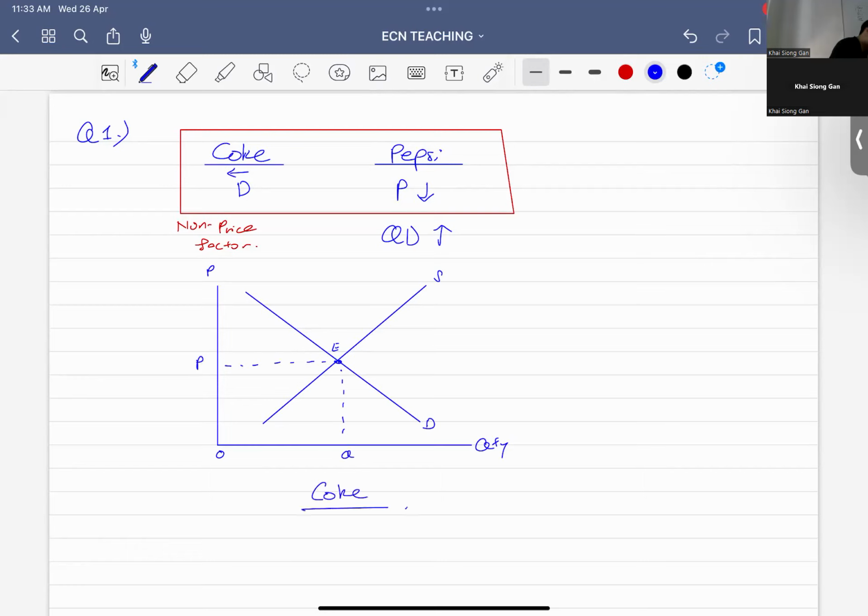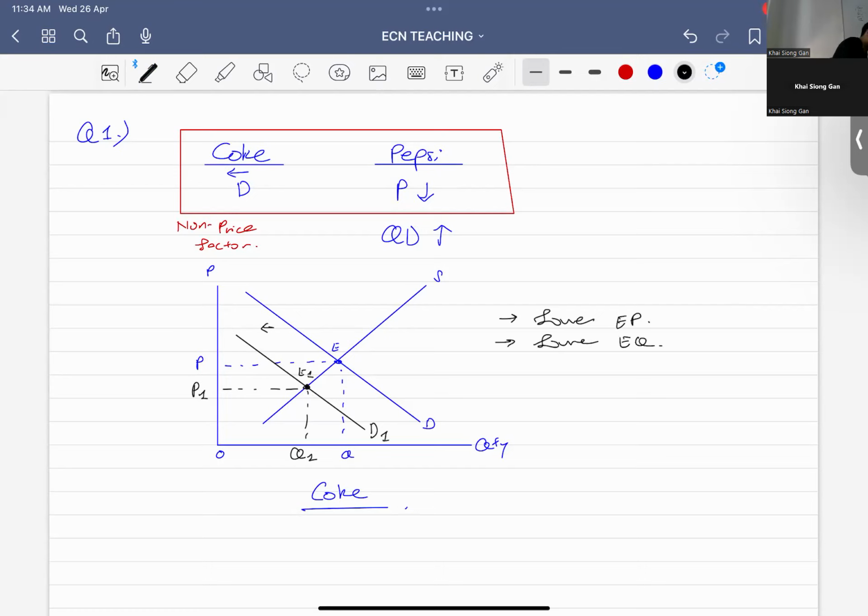Demand decreases, so the demand shifts leftwards to E1. Lower price and lower quantity. So the final outcome is a lower equilibrium price and lower equilibrium quantity.